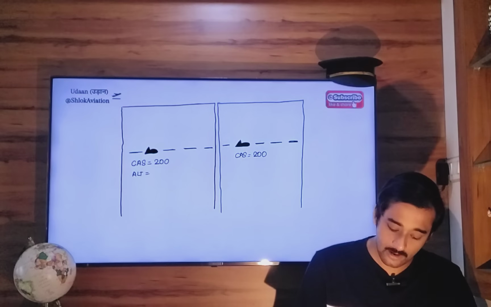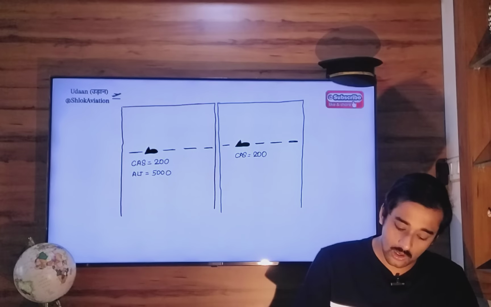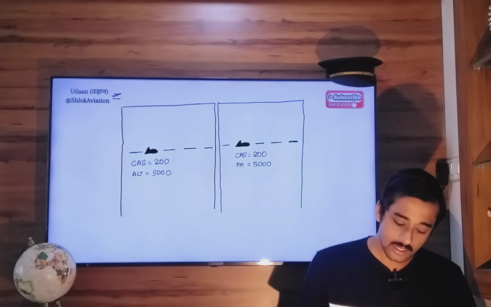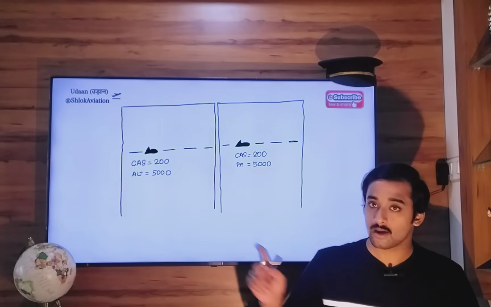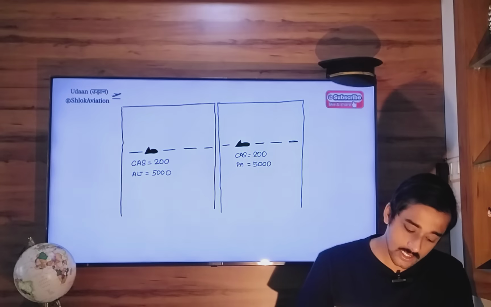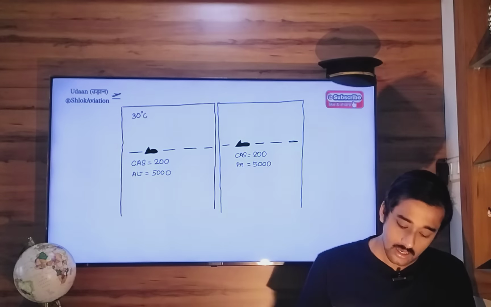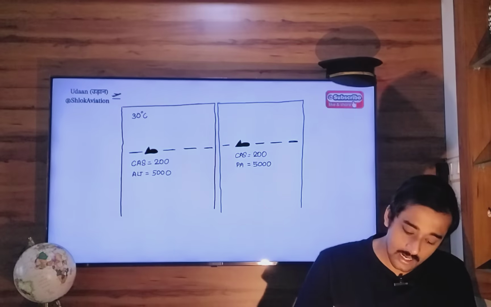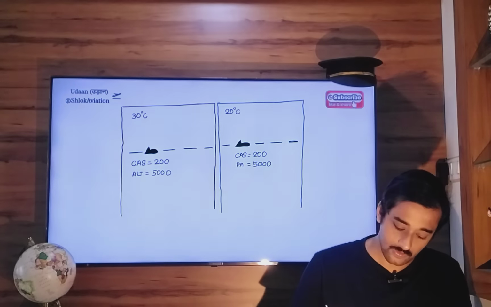Pressure altitude is 5,000 feet. The temperature in the warm atmospheric layer is 30 degrees Celsius. The temperature in the cold atmospheric layer is 20 degrees Celsius.